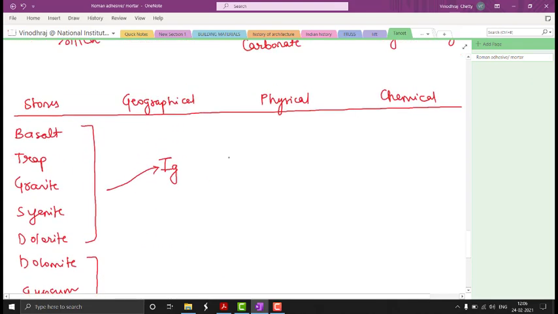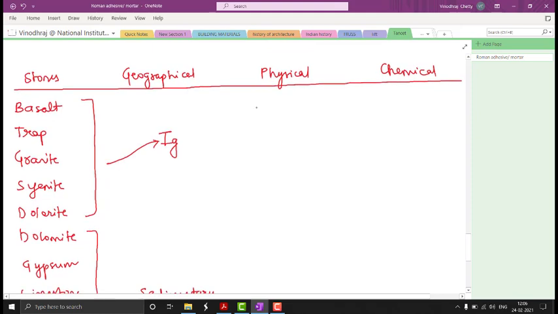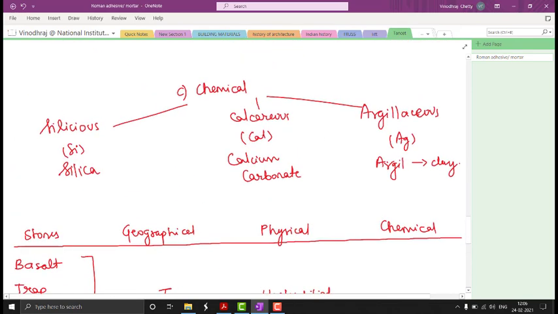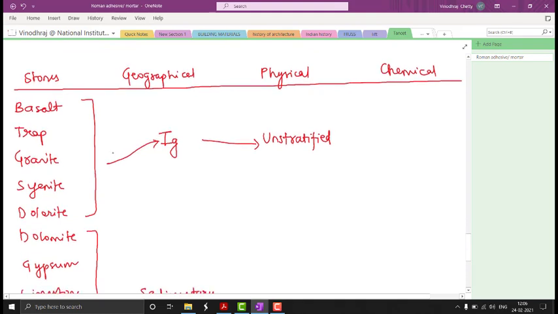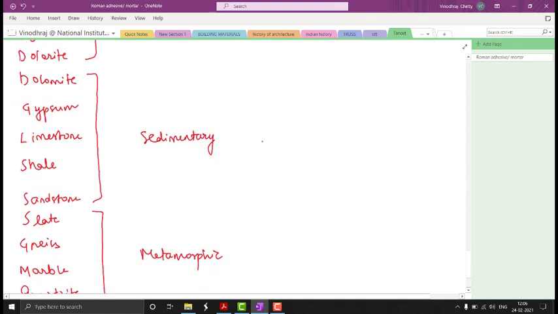And similarly, all the igneous rocks that are there are unstratified, which means they have composite granules. They have granular structure that are tightly composed with each other. Okay, all the igneous rocks are unstratified. Similarly, sedimentary and metamorphic are mostly stratified and mixture of foliated also.